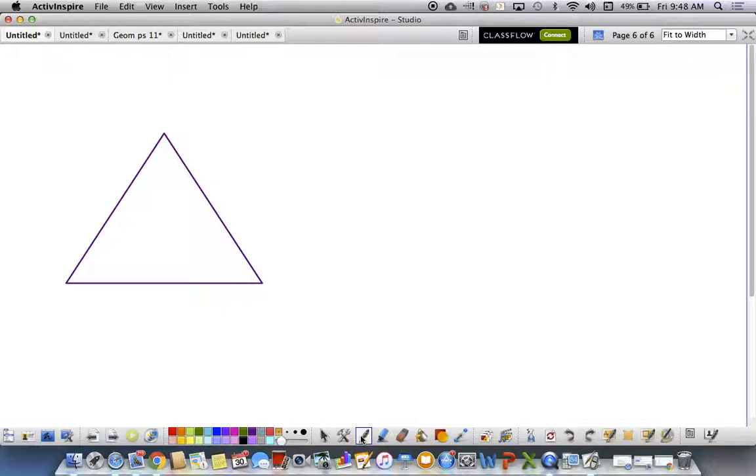You have to draw the dashed line. If this is an equilateral triangle, what do you know about it? It's equal angular. What else do you know, Zach?